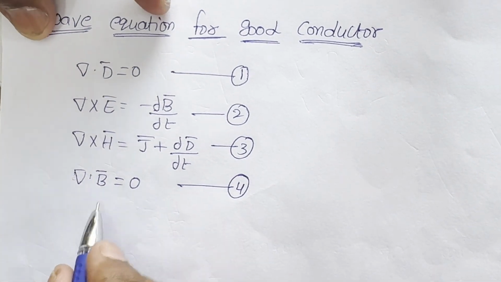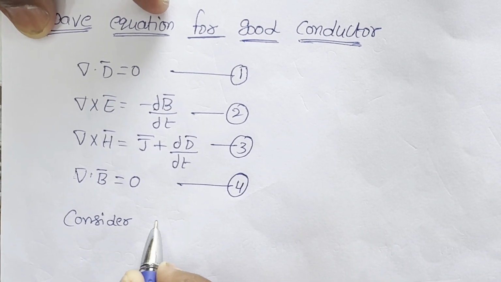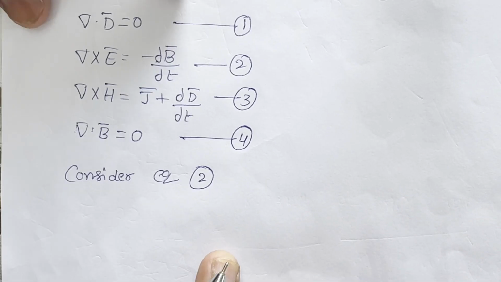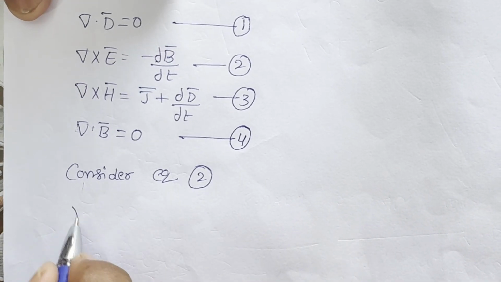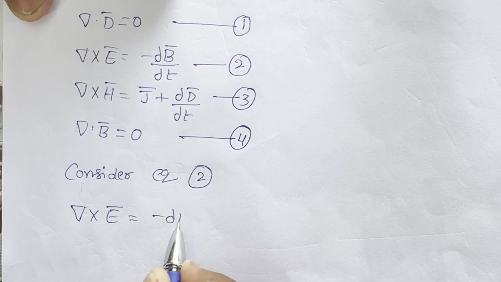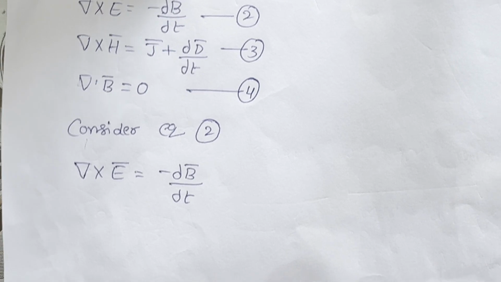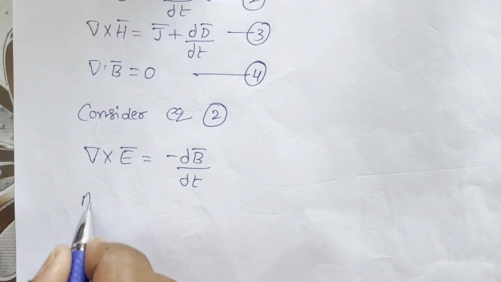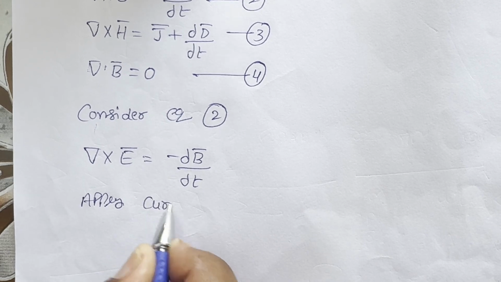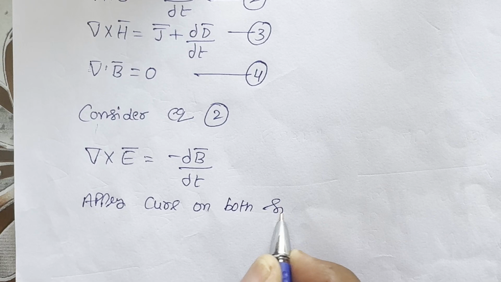Now consider equation 2. From equation 2, I have del cross E bar equal to minus dou B bar by dou t. Now I am applying curl on both sides.